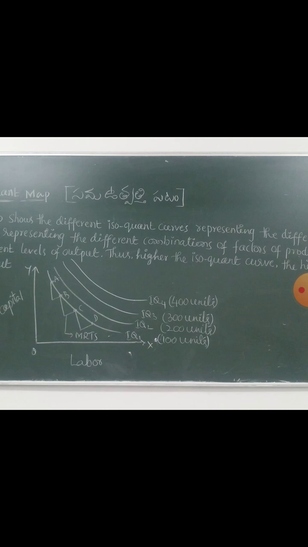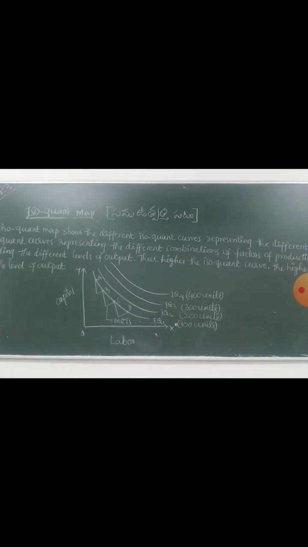But the producer will get the highest level of output on IQ4. So all these curves show the iso-quant map. IQ4 is greater than IQ3, IQ3 is greater than IQ2, IQ2 is greater than IQ1. So the producer gets a higher level of output by using the two factors of production, labor and capital.